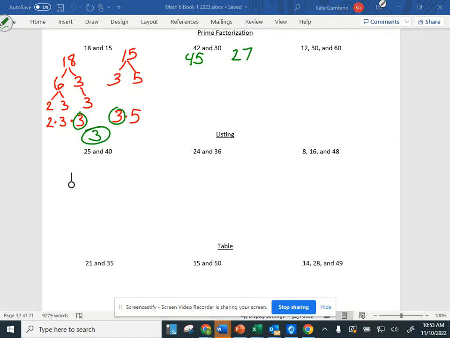Do the prime factorization. We're going to make our trees for both of them. 45 and 27. Yep, you're going to make your factor trees for both of them.